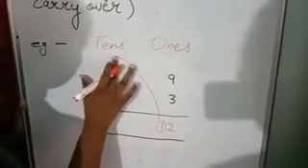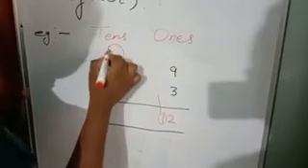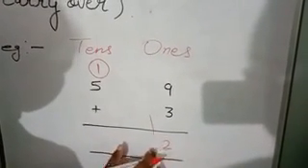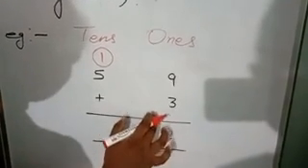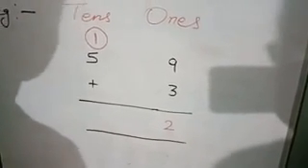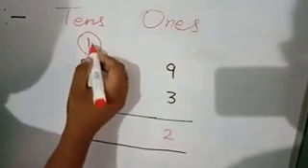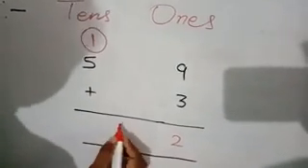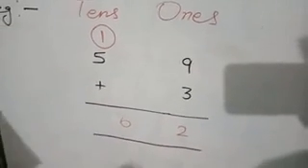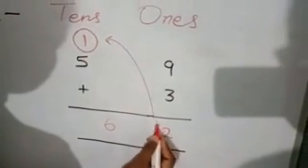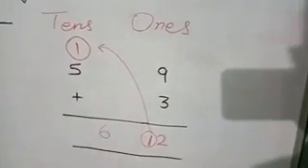So at the tens we write carry over 1, and here we write only 2. Okay, so now add both of them. 5 plus 1, 6. Okay, like this we are adding. This 1 is carry over with 5.